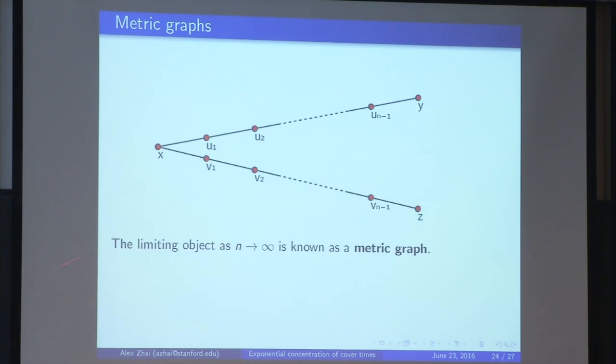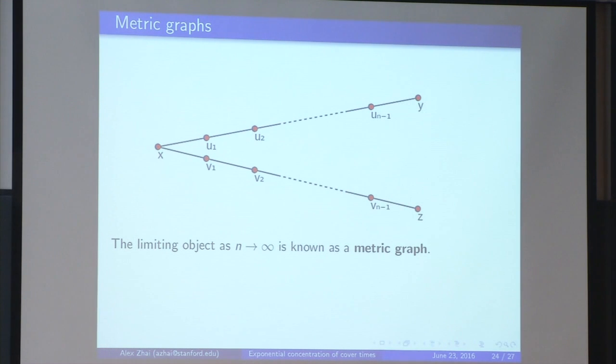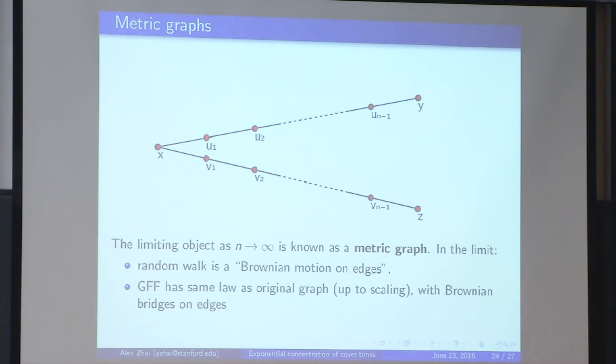Then we're going to think about what happens as n goes to infinity, and this limiting object is known as a metric graph, which is just like a graph, with the vertices, but you also include the entire edge, every single point on the edge. In the limit, the random walk basically becomes a Brownian motion on the edges. And the Gaussian free field, as we said, at the vertices like x, y, and z, has the same law up to rescaling as on the original graph.